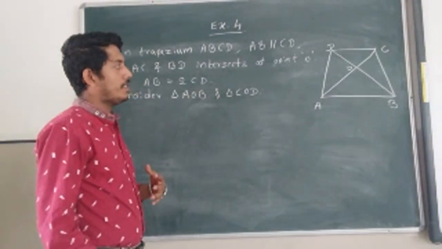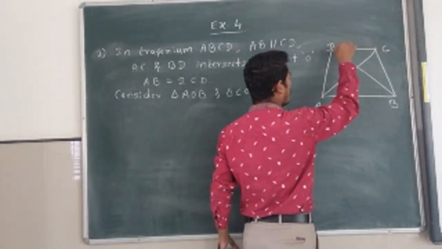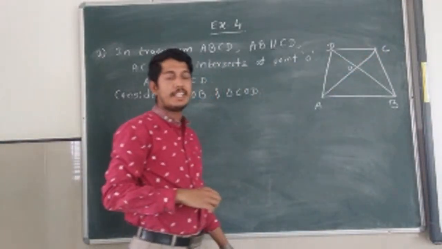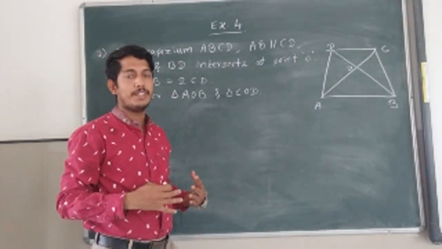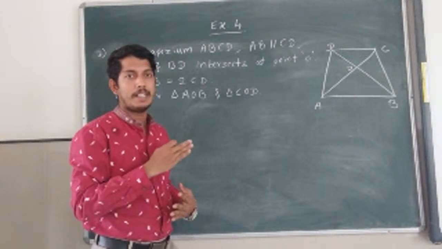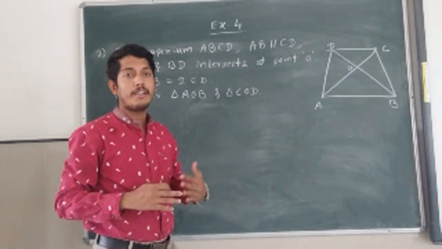I will consider the alternate angles. Because AB and CD are parallel to each other, when two parallel lines are intersected by a transversal, here the diagonals, the alternate angles are equal.